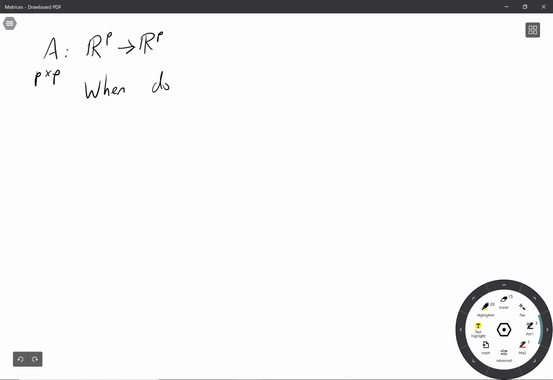So just finally, suppose that A is a map from Rp to Rp, so that A is a p by p matrix. When does A have an inverse? When there's a matrix A inverse such that A times A inverse equals the identity.